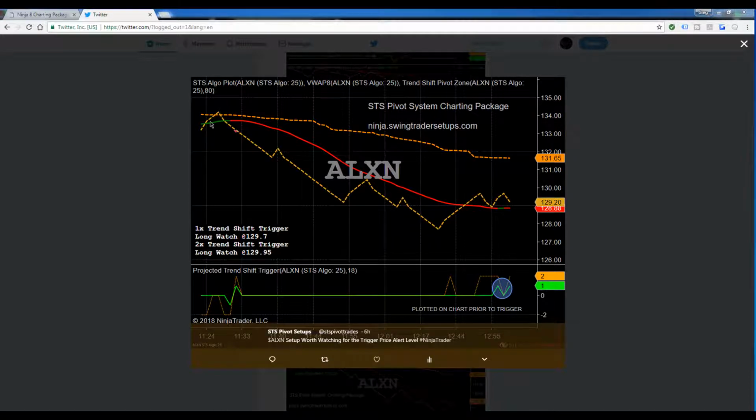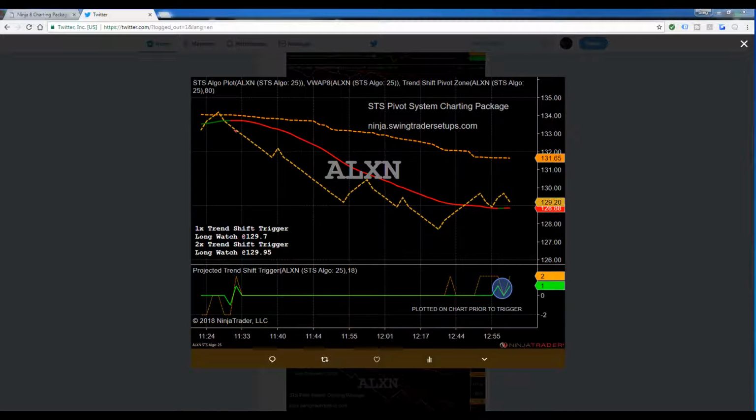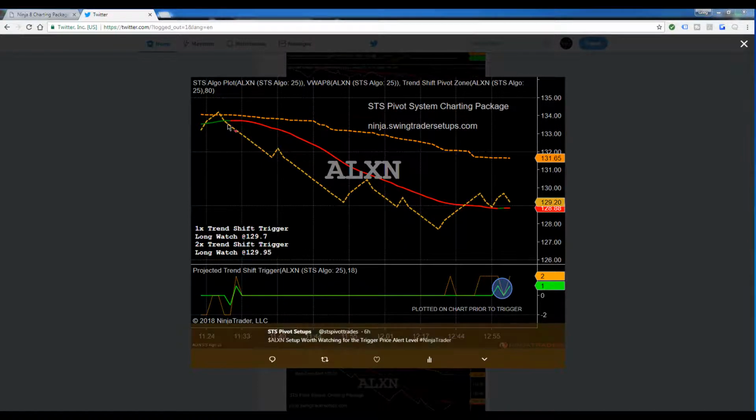But this was the big indicator right here. This came in, gave this alert just before 11:30, around 11:30, right in here just below 133. So right on the chart, before this happened, when this yellow came up, it gave you this box saying short watch 2x.